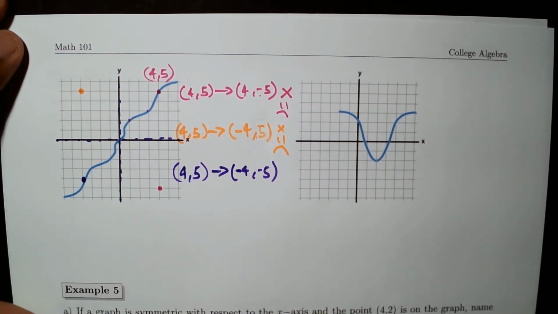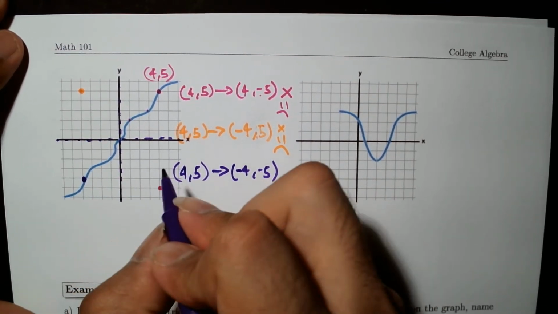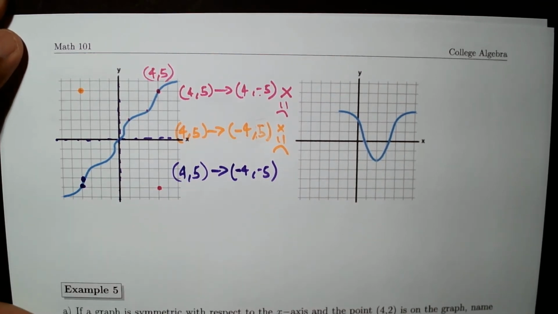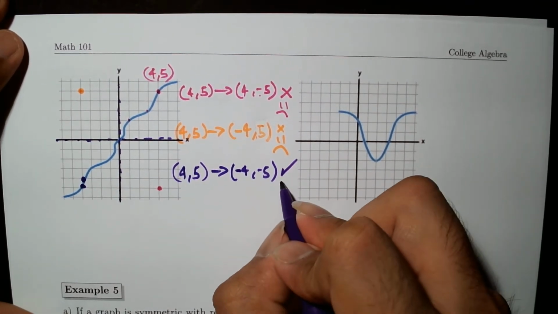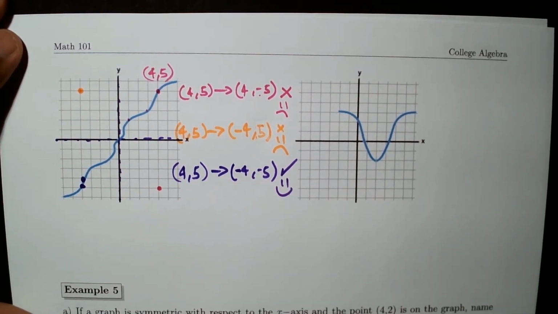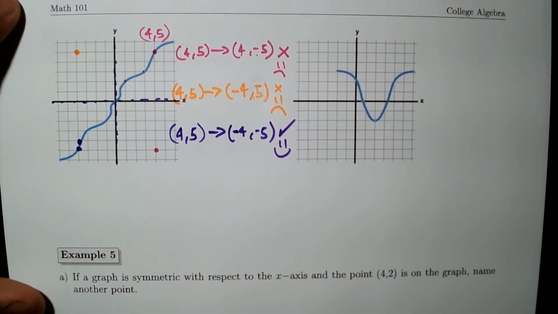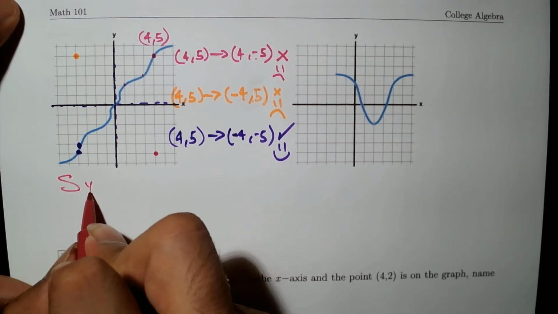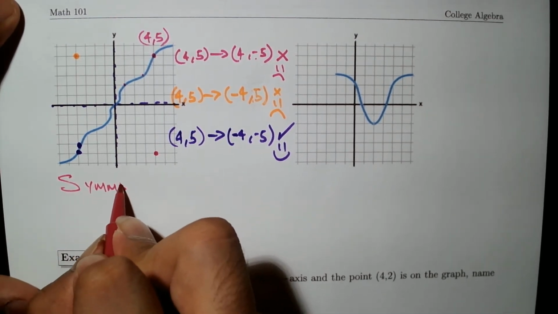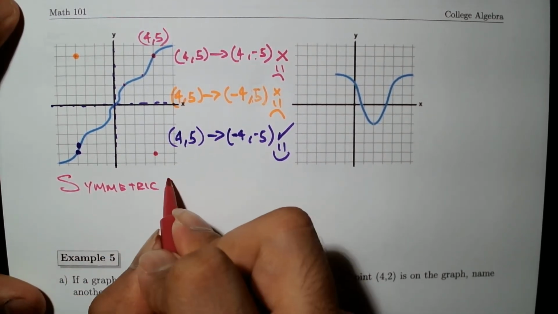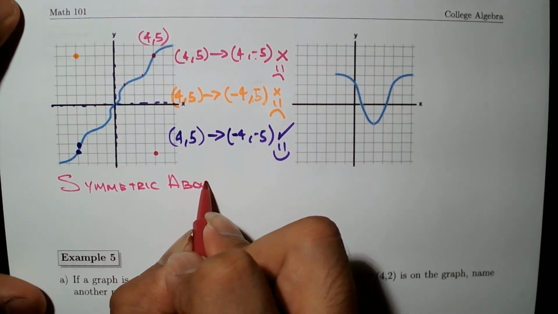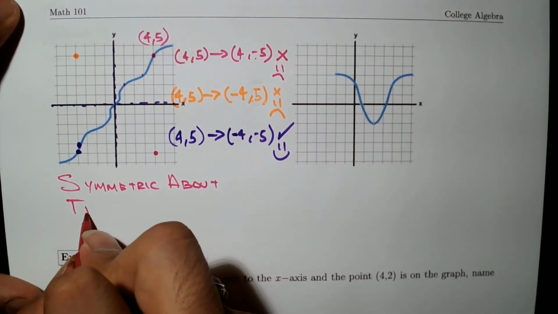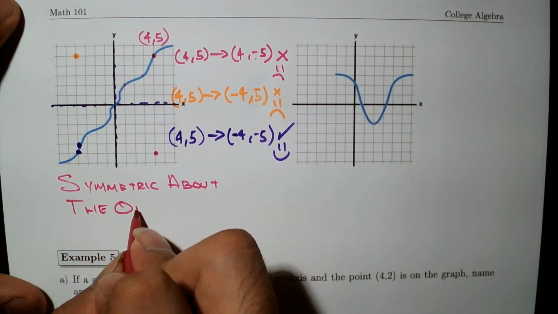I mean, it doesn't look perfect in the graph. Oh, wait a minute. It was supposed to be here. And in this case, it works. It is symmetric about the origin.